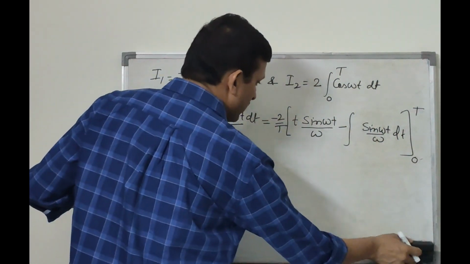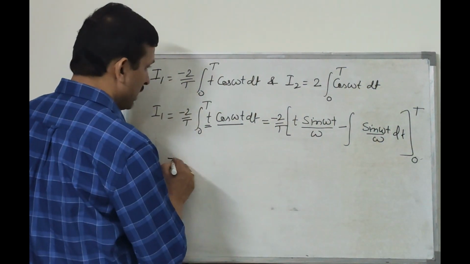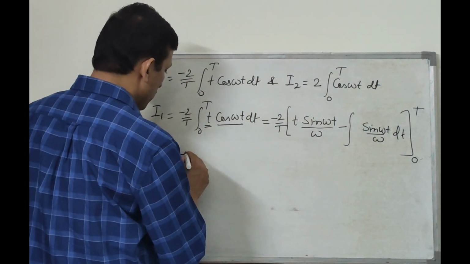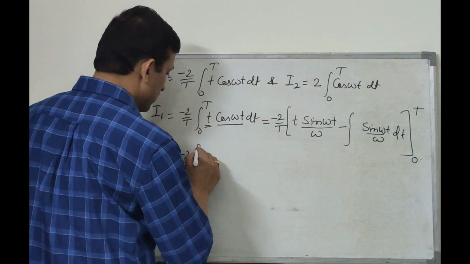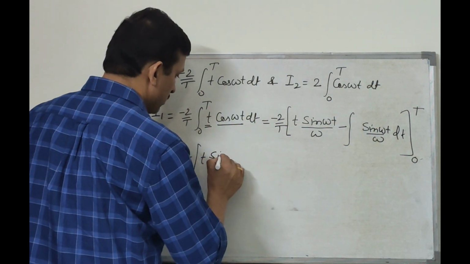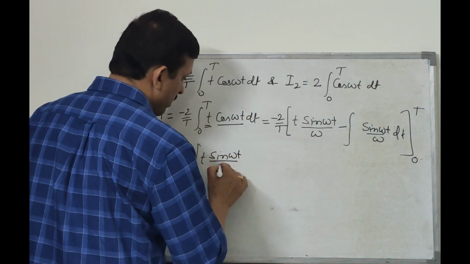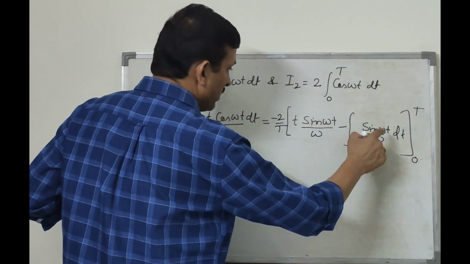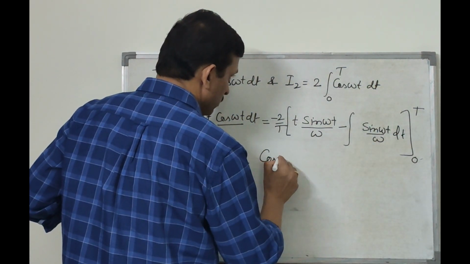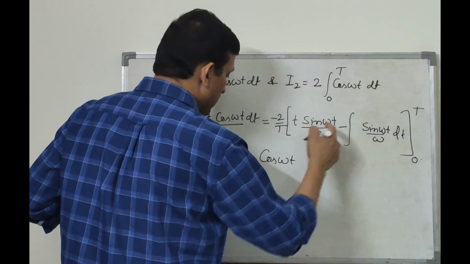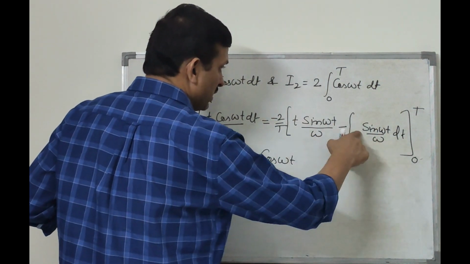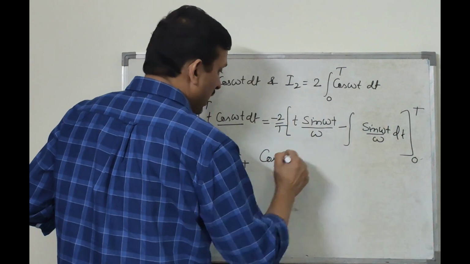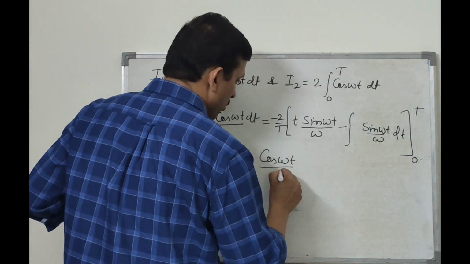To get the value of I1, this will be equal to minus 2 upon t, t sin omega t divided by omega, and what will the second value be? This value will be cos omega t divided by omega square, and the minus of integration will come here because the integral of sin is minus cos.